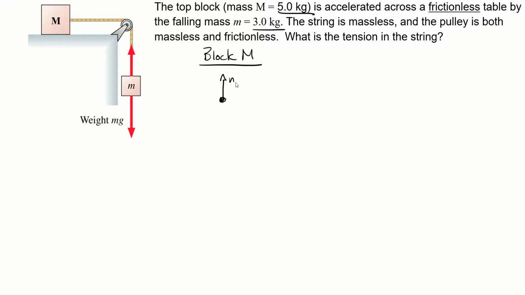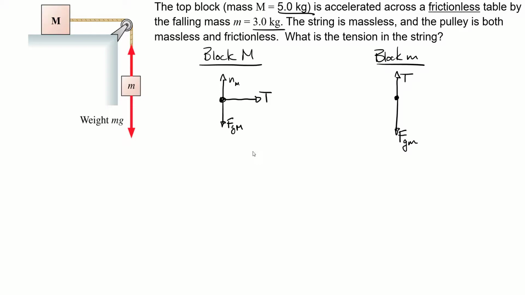There's the normal force on block M, the force of gravity on block capital M, and the tension on block M. For block lowercase m, we have the tension up and the force due to gravity on lowercase m pulling it down. So we've still got our free body diagrams.